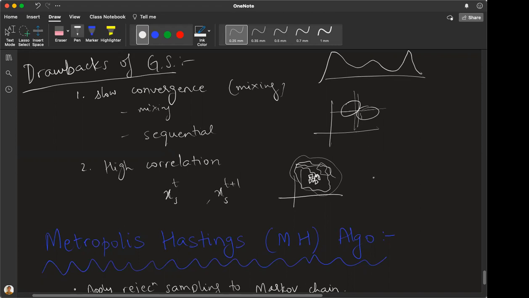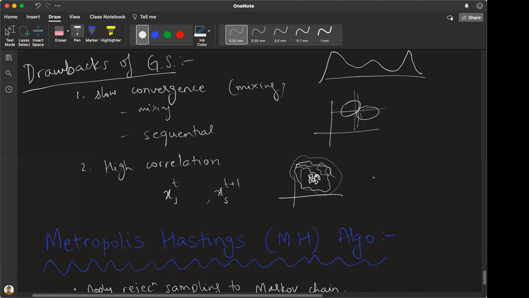So we let a Markov chain run, and suppose we reach an end state wherever we end. And we are running multiple of these chains, and through these multiple chains we find the distribution. So why is high correlation bad? We can just start the multiple chains at different locations.